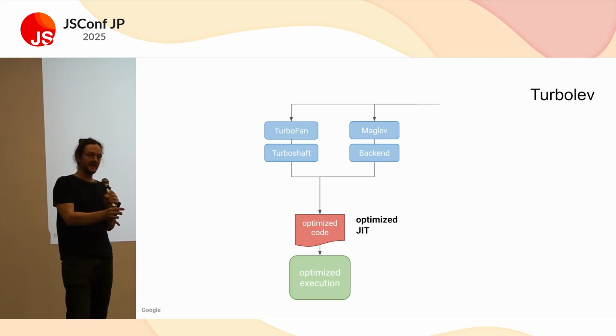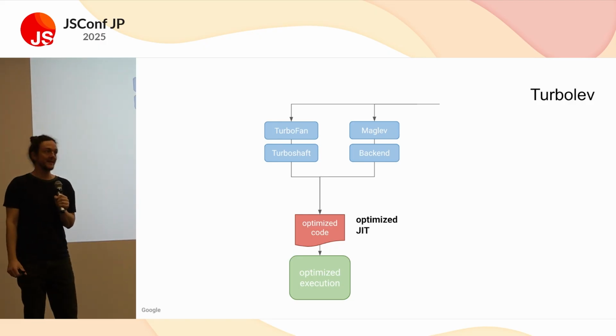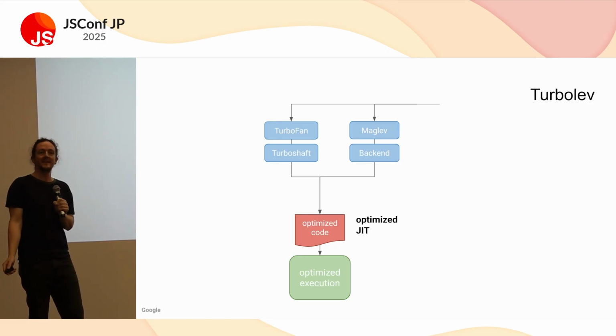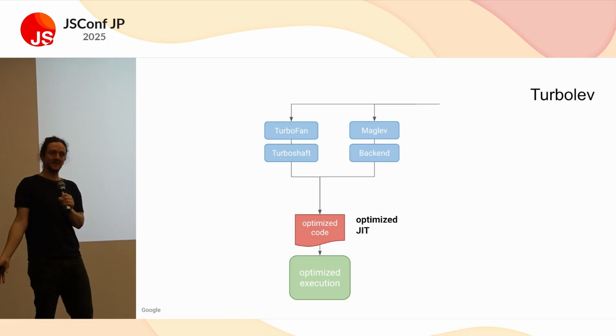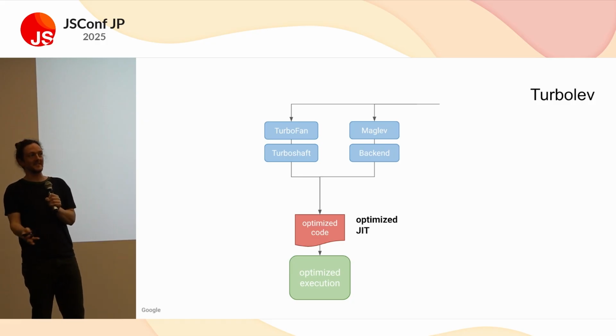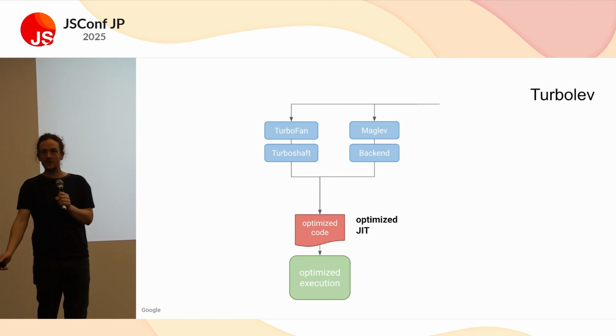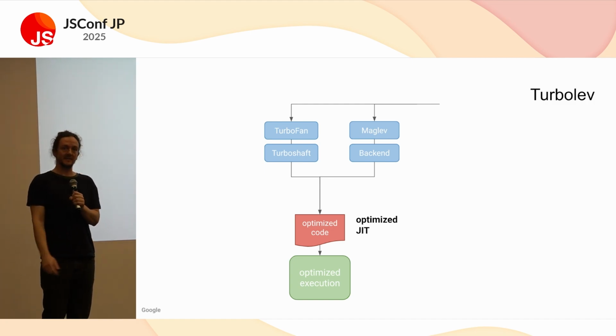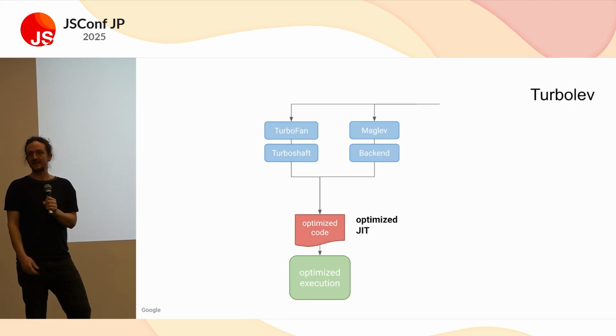And then on the other side, we have TurboFan, the optimizing compiler that uses the Sea of Nodes representation. It has a backend, which is called TurboShaft, which produces native code, does instruction selection and peephole optimizations and whatnot. But actually, the front ends are doing almost exactly the same or very similar things.